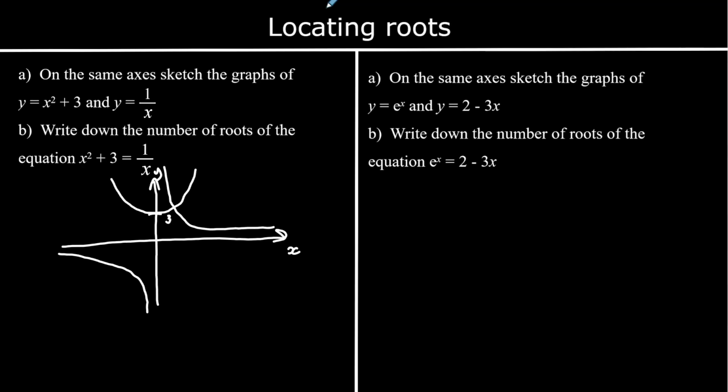Write down the number of roots for the equation x squared plus 3 equals 1 over x. So the roots are going to be where these two graphs intersect, where our first graph is equal to our second graph, where they meet. And there's only one intersection, so there's one solution. One intersection means this equation has one solution, so one root. One for you to try, see if you can give it a go.